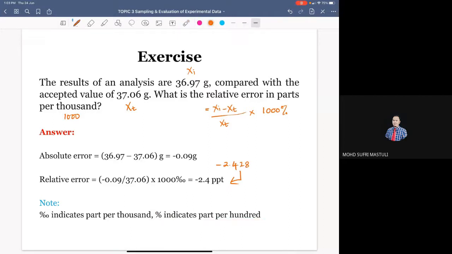So this one is times 1000, and this one is times 100.